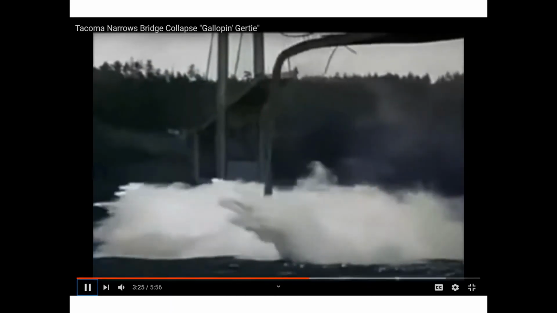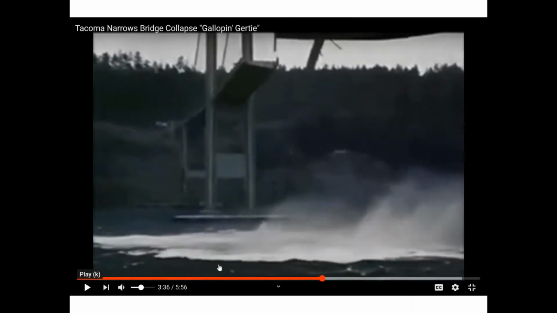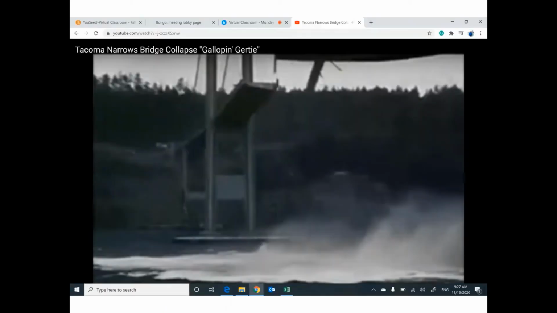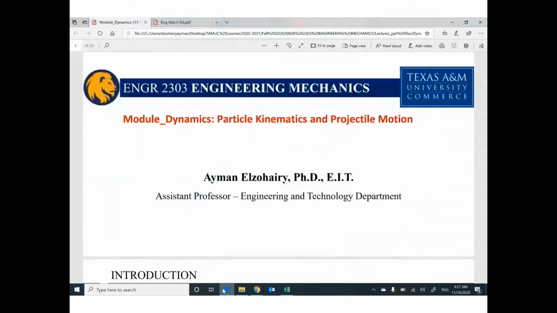These guys considered this bridge on the side of static only. They didn't consider the dynamic effect. So what was the final result? The final result is collapse. So sometimes we need to consider the dynamic effect on a building.